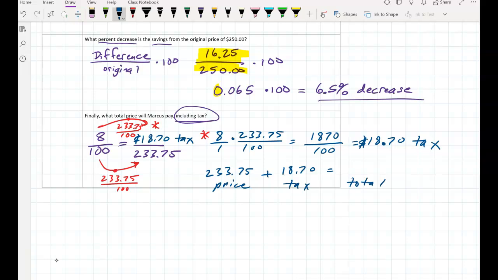So $233.75 plus $18.70 is $252.45. That is the total amount that Marcus will pay for the bike after the 10% markup, after the 15% discount, after 8% sales tax, to walk out the door with his new bicycle, $252.45.